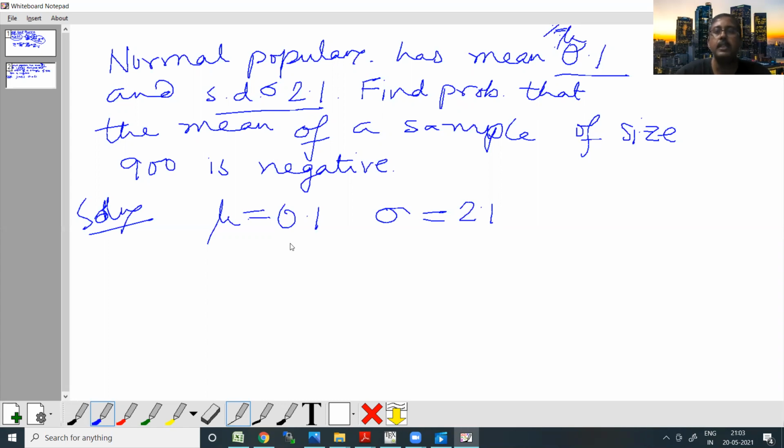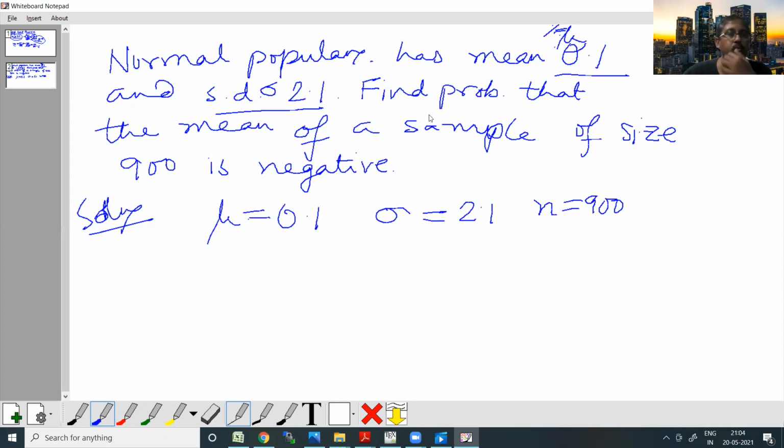Find the probability that the mean of a sample of size 900 is negative. So I draw a sample of size 900, so n is equal to 900. What is the probability that the mean of that sample which is being drawn is negative? So I have mu equal to 0.1, sigma is 2.1, and sample size is 900.